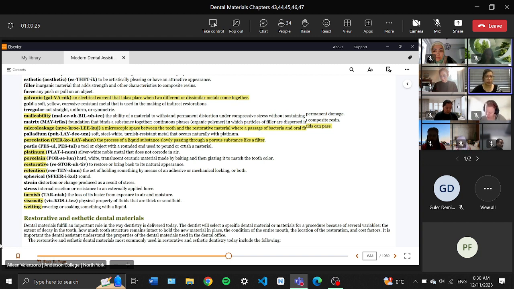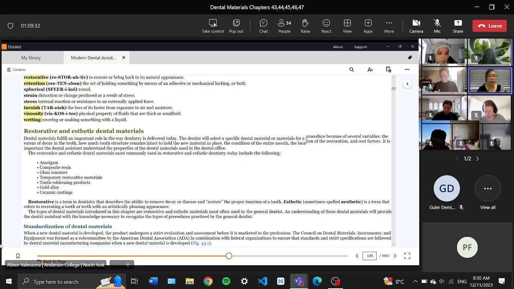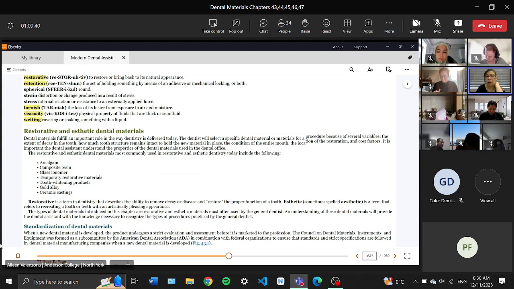So let's continue. Now let's move to restorative and aesthetic dental materials. Dental materials fulfill an important role in the way dentistry is delivered. The dentist will select specific dental materials for a procedure because of several variables: the extent of decay in the tooth, how much tooth structure remains intact to hold the new material in place, the condition of the entire mouth, the location of the restoration, and cost factor.